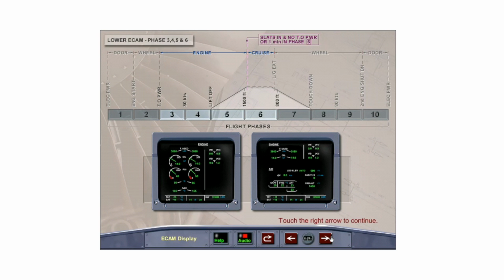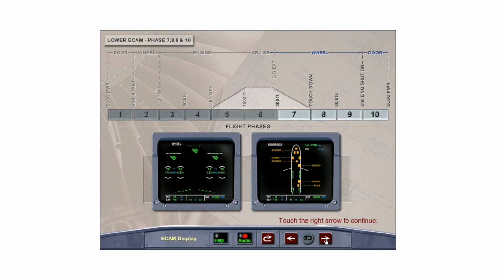1 minute after entering Flight Phase 6, or once the slats are in and climb power is selected, the cruise page is displayed. The cruise page contains information from the engine, the air conditioning, and the pressurization systems.